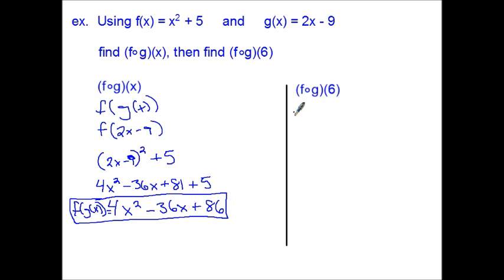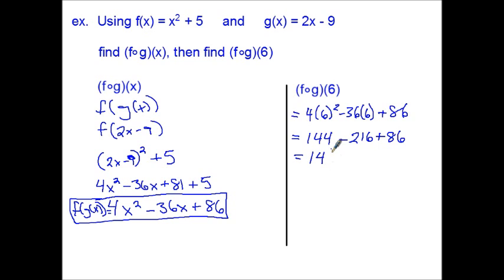So this equals 4 times 6 squared minus 36 times 6 plus 86. 6 squared is 36, times 4 is 144, and then 36 times 6 is 216, technically 6 cubed for those of you paying attention at home, and then 86. If we put all that together, it works out to be a nice simple 14.